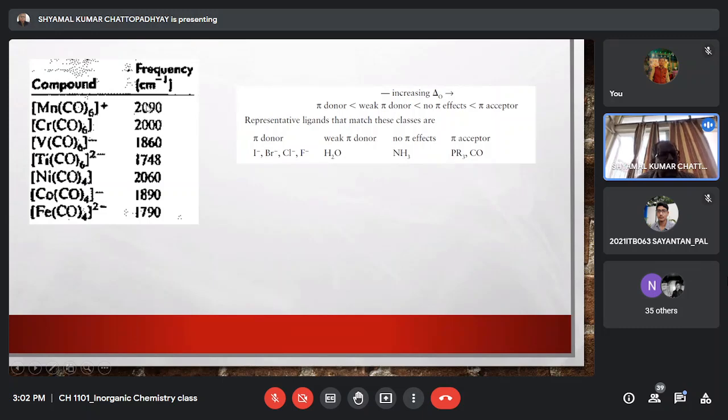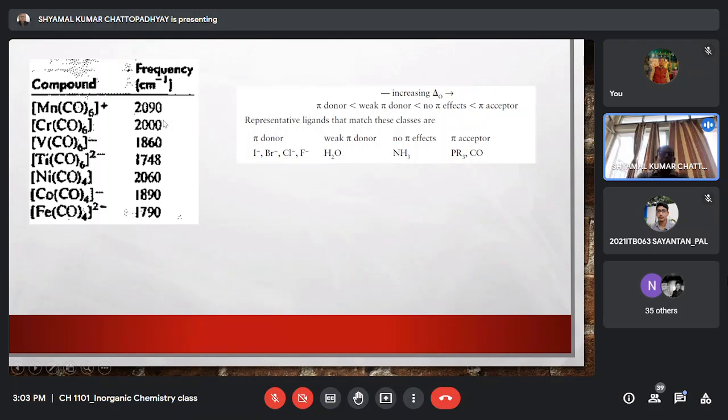So as you go from plus charge to neutral to minus charge, the stretching frequency is 2090 cm⁻¹, then 2000, then 1860 cm⁻¹. So down the group, as you go from plus to neutral to minus, the stretching frequency decreases.